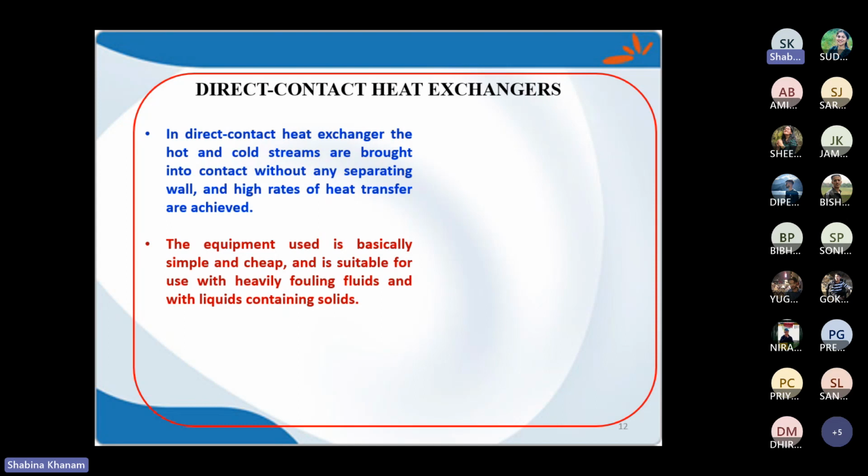And if fouling is there, it will create another resistance to transfer the heat, right? If I don't have the separating wall, fouling or scaling will not be there, so heat transfer will be easier. So direct contact heat exchange will be used for heavily fouling fluids and fluids containing solid particles.